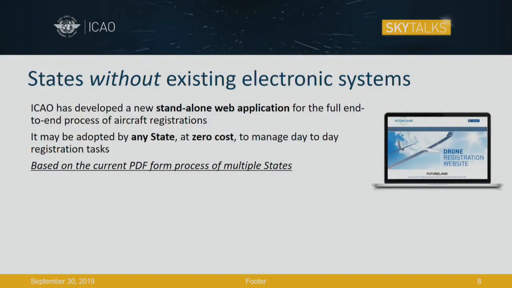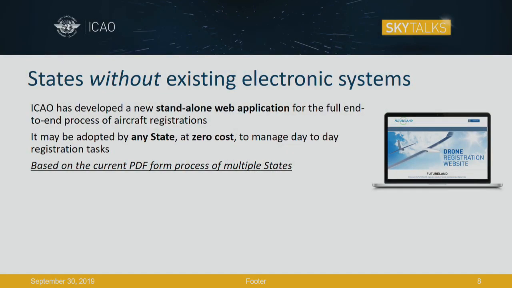So these custom applications I talked about, for states that do not have electronic systems for managing their day-to-day registration processes, be it for manned aircraft or UA, we have developed a standalone web application that a state can implement to manage the full end-to-end process of registration. It's available to a state at zero cost, any state, and it will, as I said, manage the full process end-to-end, not just storage of the data, so the applicant can apply online.